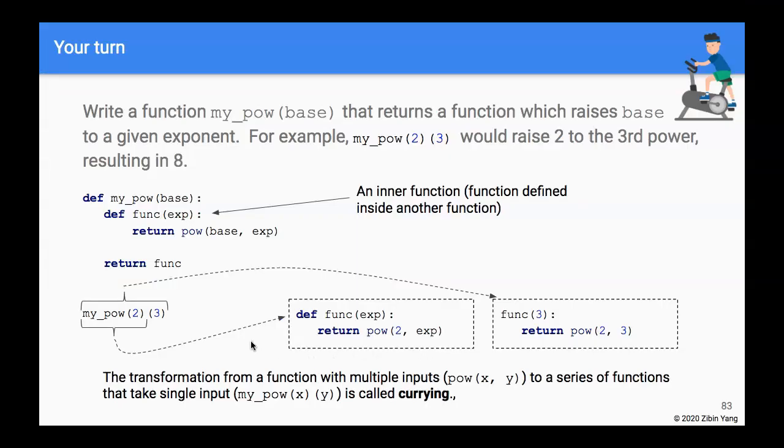And if you need a little further breakdown of how this works exactly, we can look at the first function called myPower with the argument of 2. So that calls the myPower function, which basically returns func, right? And what func is basically a function definition with the base having the value of 2, right? So that's 2 here.